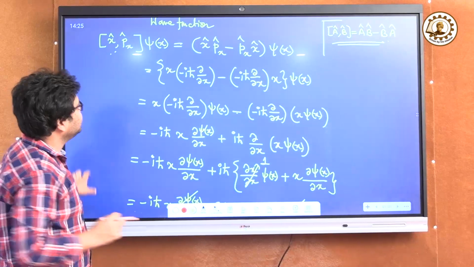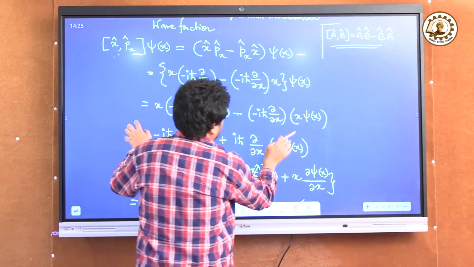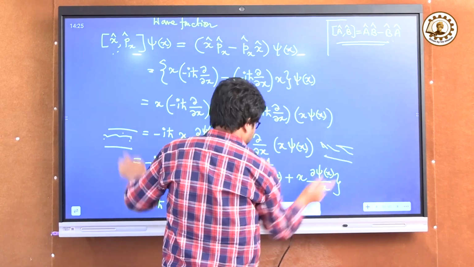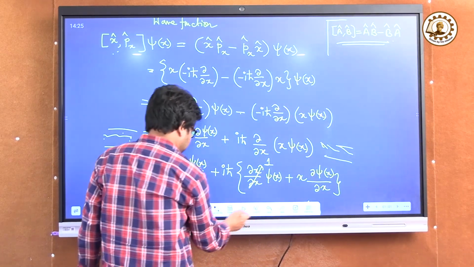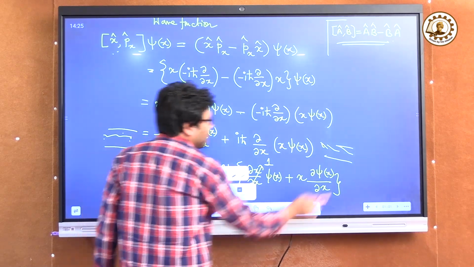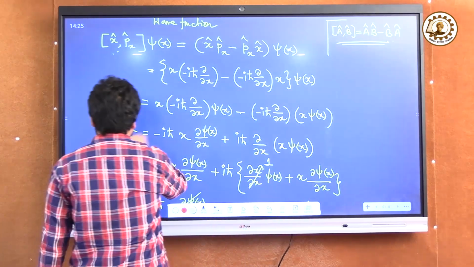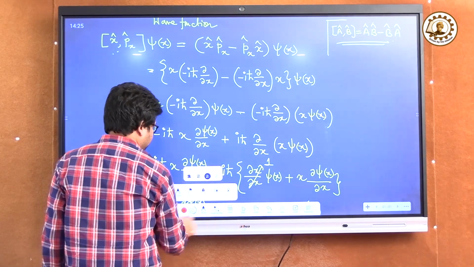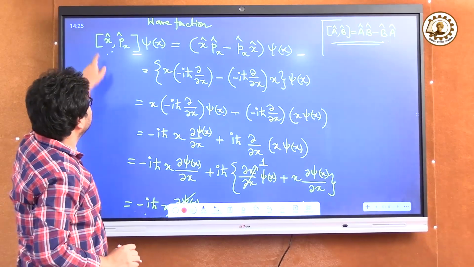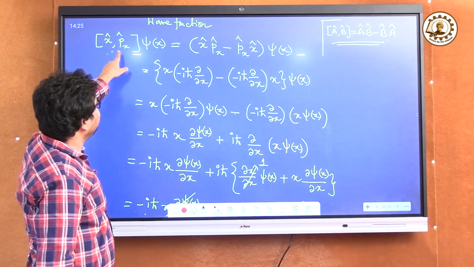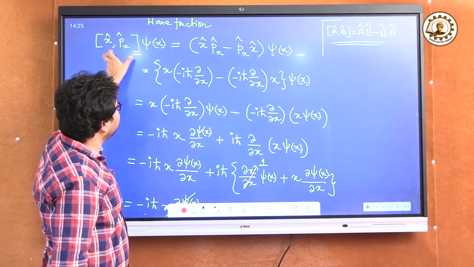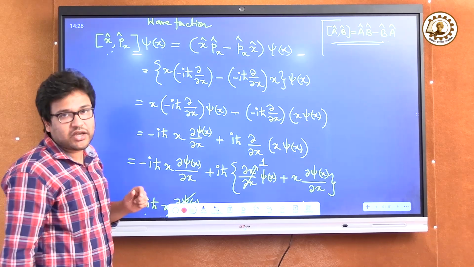So on the left hand side, we have the commutator of x cap and px cap, this commutation bracket being operated on the wave function ψ(x).